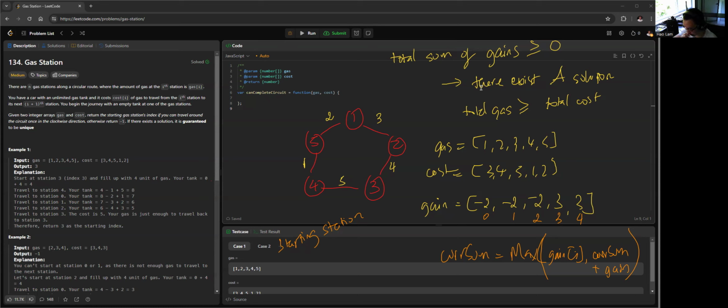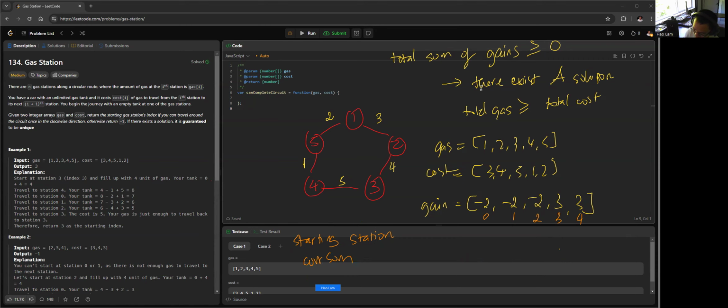Okay, so let's look at an example here. We can walk through this example. We have our starting station, and then our current sum and our total sum, the current gas and total gas.